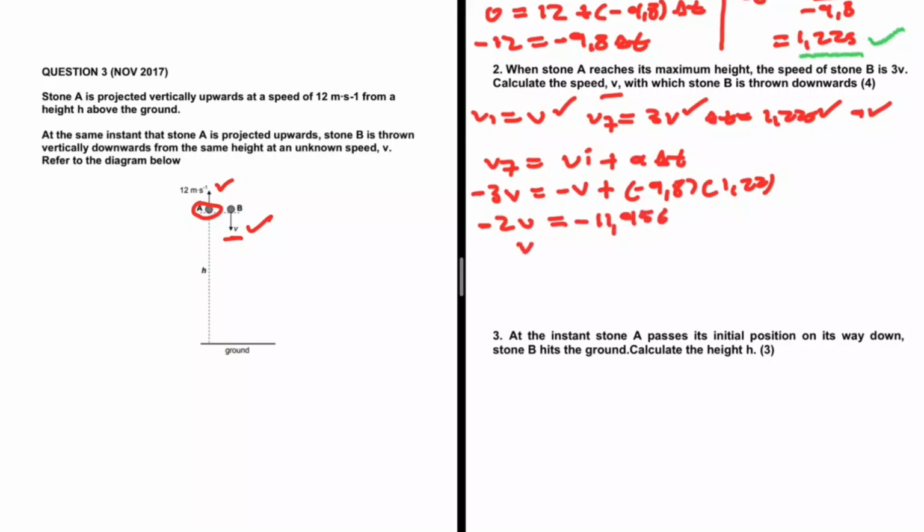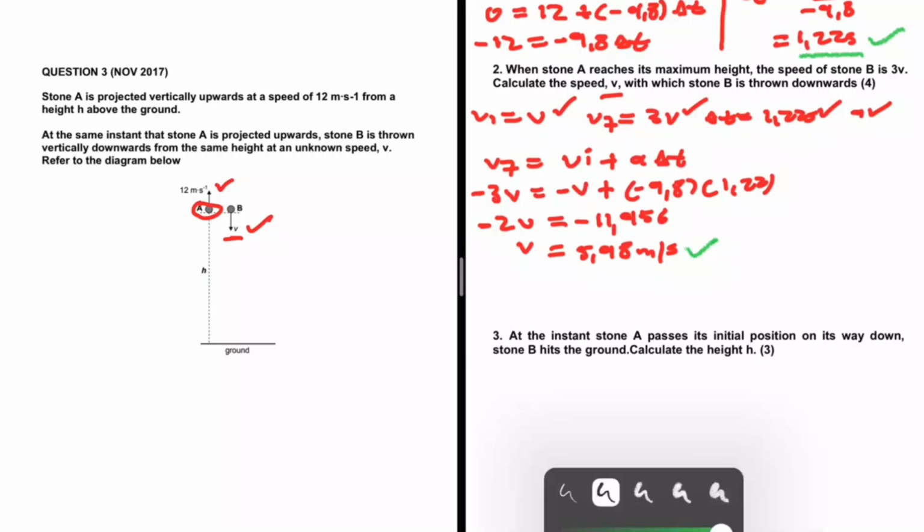Clearly, we need to divide both sides by minus 2. And when I do that, I get 5.98 meters per second. This is the speed v with which stone B is thrown downwards. Okay, not difficult at all.